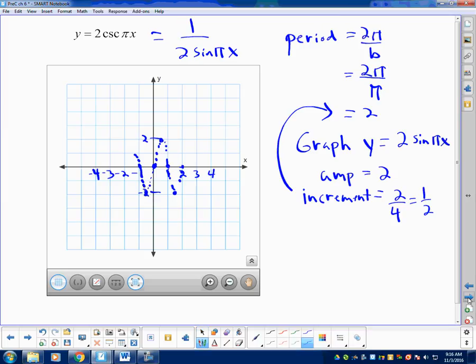This is just the graph of the sine curve. So just a little dashed line there. Now everywhere where that dashed line goes through the x-axis, I have a vertical asymptote. More dashed lines.